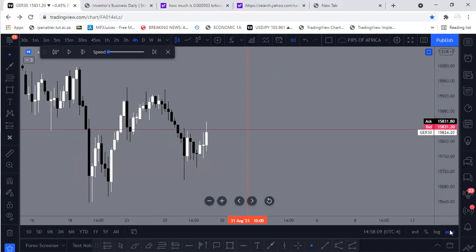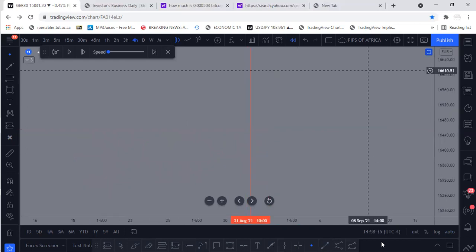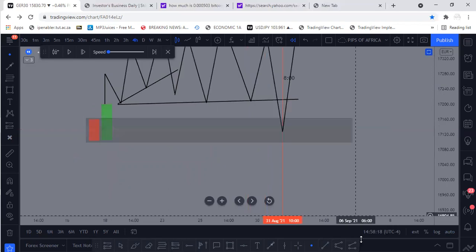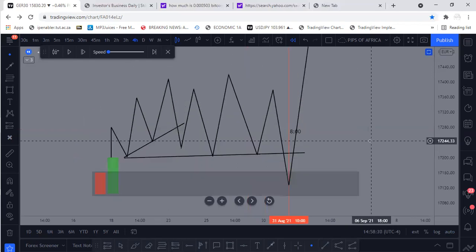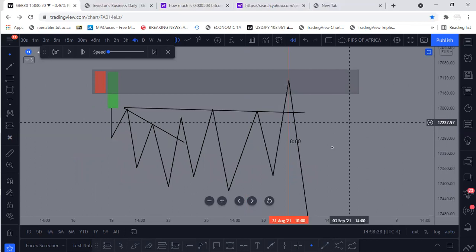I'm sorry about that. Go back there. So I want to show you what is going to happen when the market is about to sell. You can see this thing is magical.